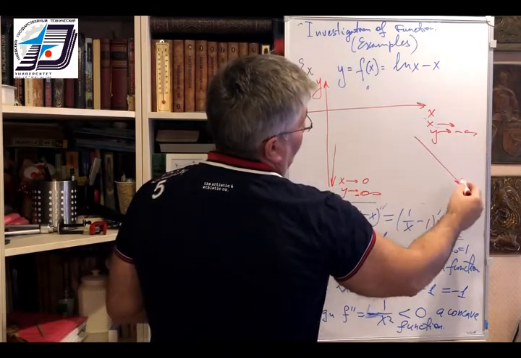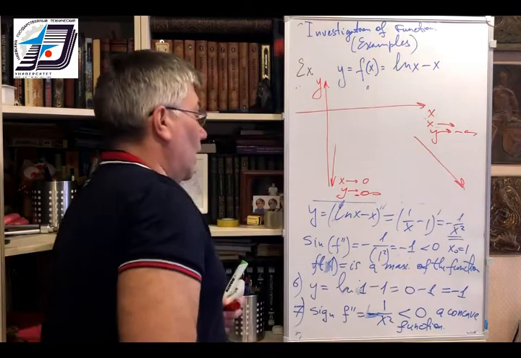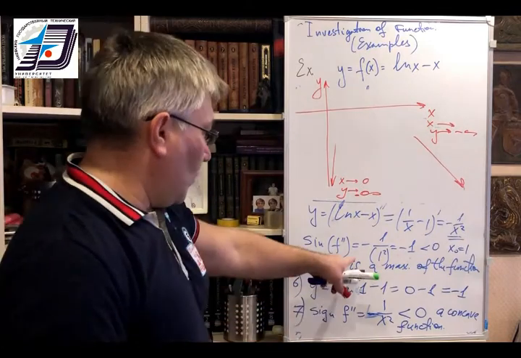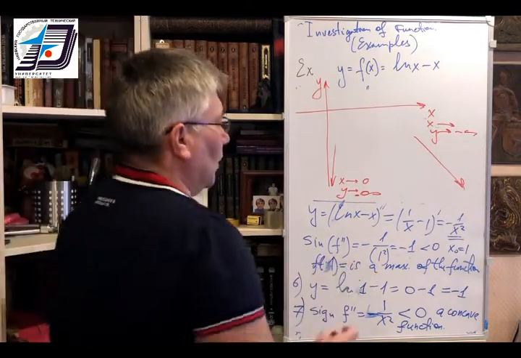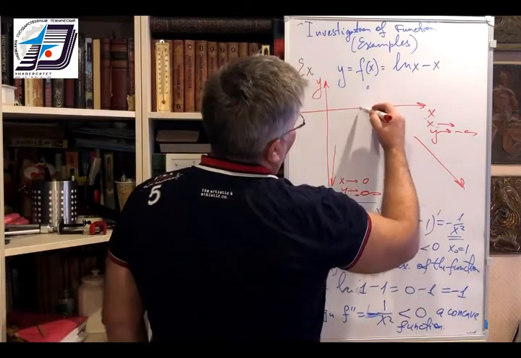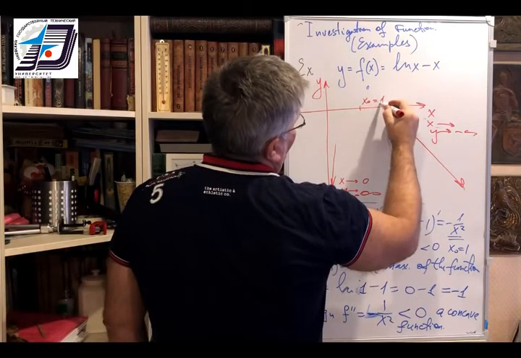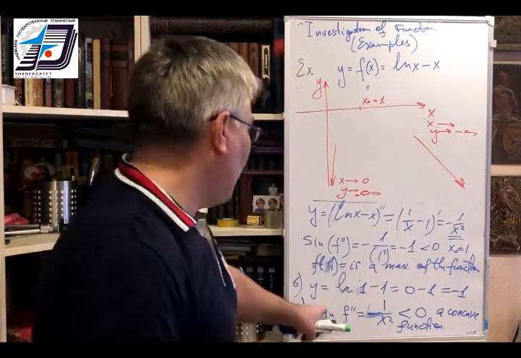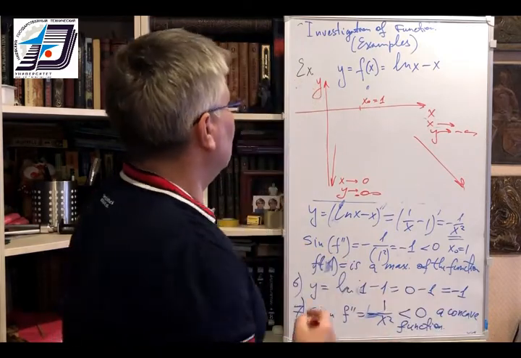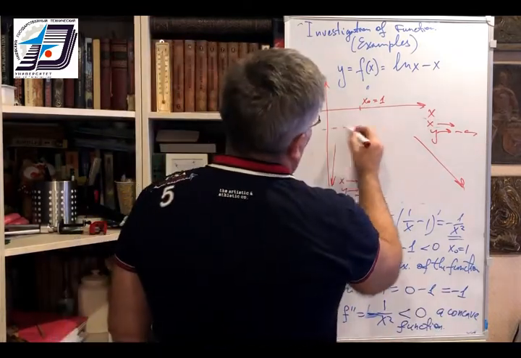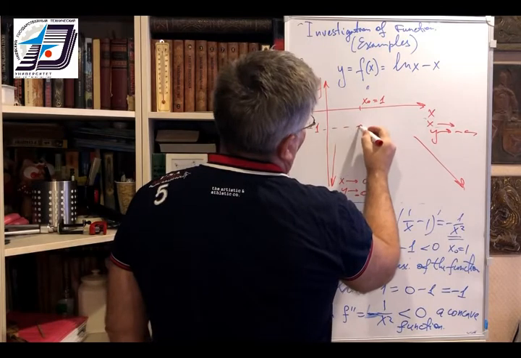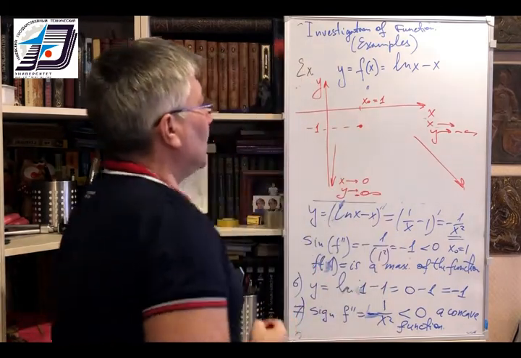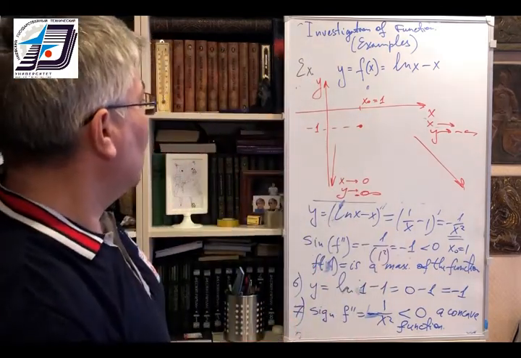So it looks like this. We have the extremum point x0 equal to 1. The value of the function at this point is minus 1, and it is the maximum.